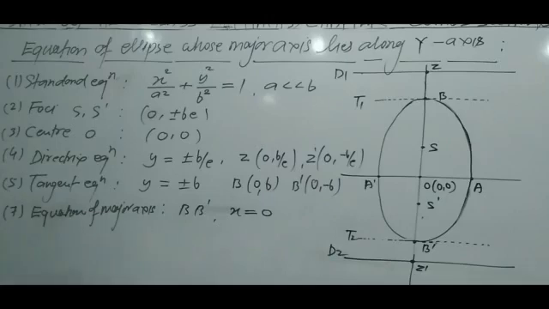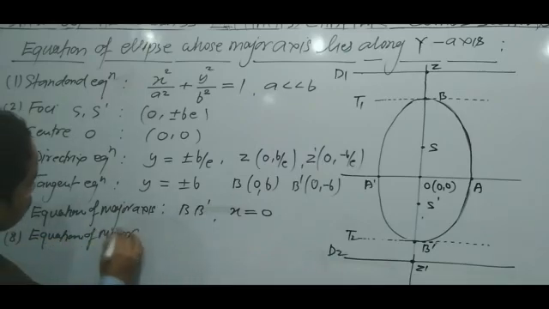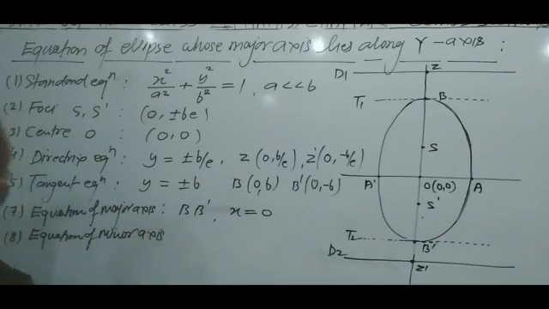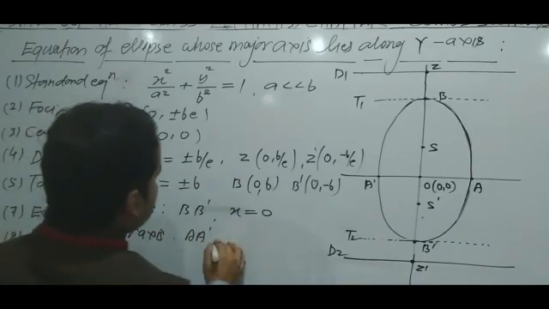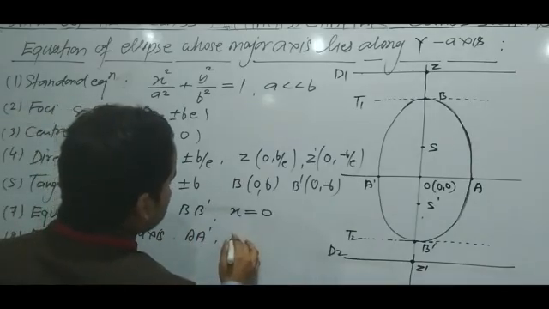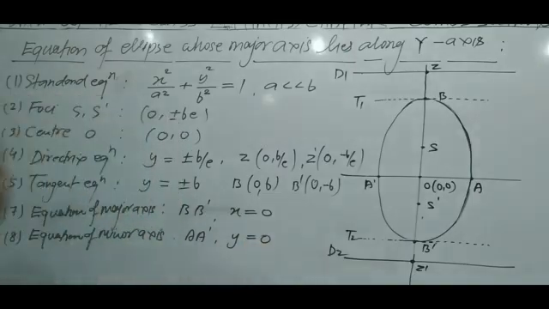And equation of minor axis, that is AA dash, result is y is equal to 0. Now you can see. So now 1, 2, 3, 4, 5, 6, 7, 8 and 9, 10, 11, 12 I have completed.